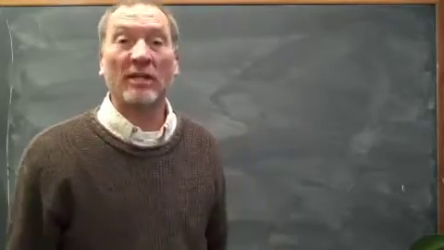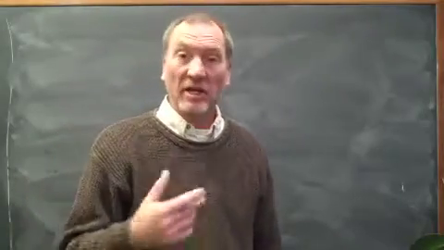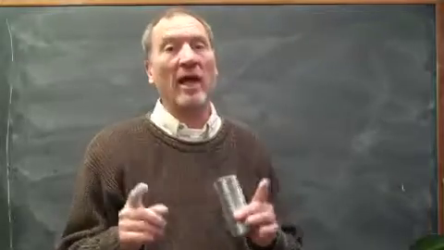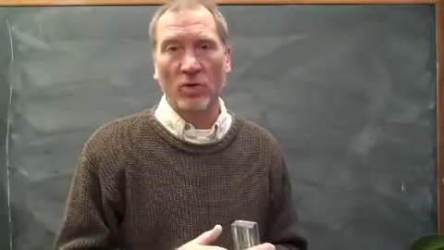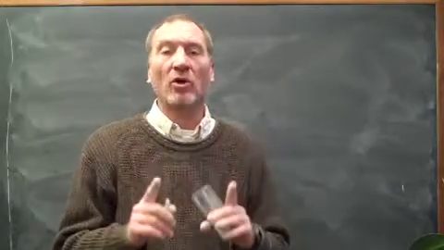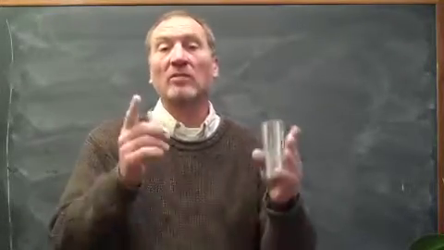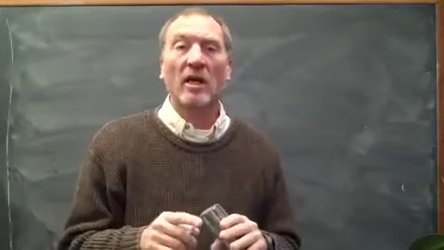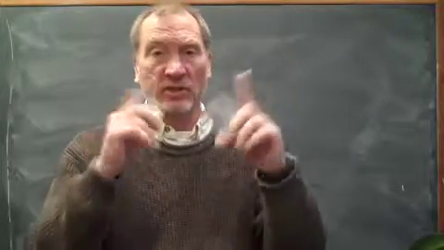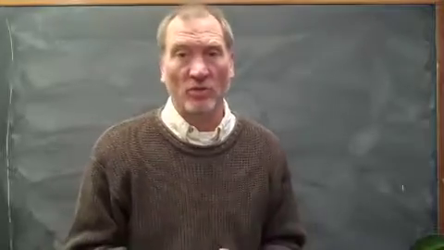Now we're going to look at the situation of independent assortment. To do that, we have to take a look at two genes that are on different chromosomes. So I'm going to show the chromosomes, one set of homologs as being straight chromosomes, and the other set of homologs as being wavy chromosomes.